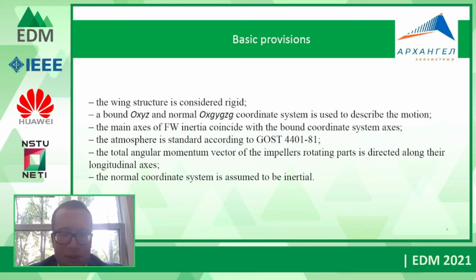The next slide, please. In basic provision, the wing structure is considered rigid. We don't fabricate an ornithopter. The bound XYZ is a normal coordinate system. The atmosphere is standard, and the coordinate system is assumed to be in the second slide.